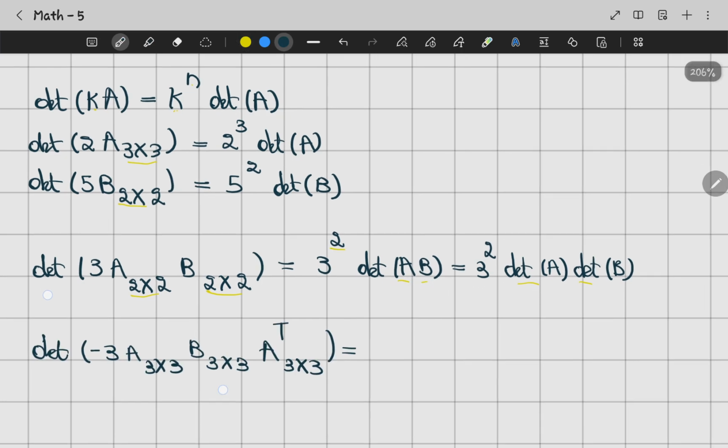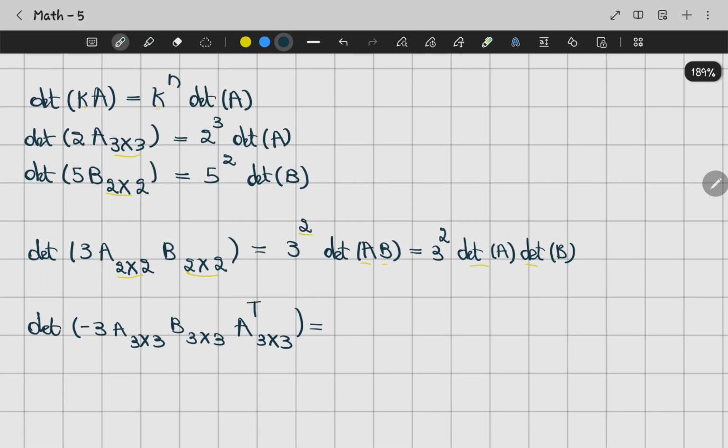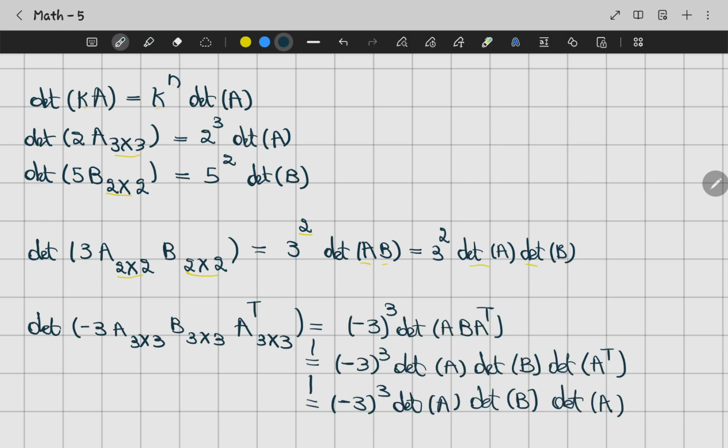Let's say for example we need to find the determinant of this expression. This is one example. Since we have a 3 by 3 matrix, that's why we're going to have 3 there, and then we separate them like this. The determinant of A transpose is the same as the determinant that we had before.